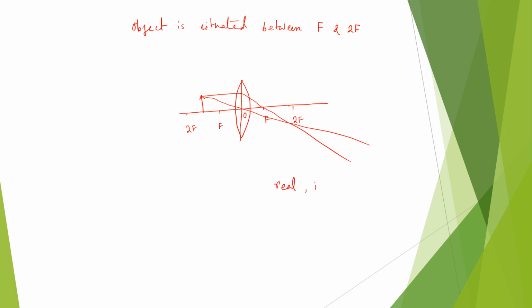You can see here the image is a little bigger than the object, so we are getting a real, inverted and a little magnified image.